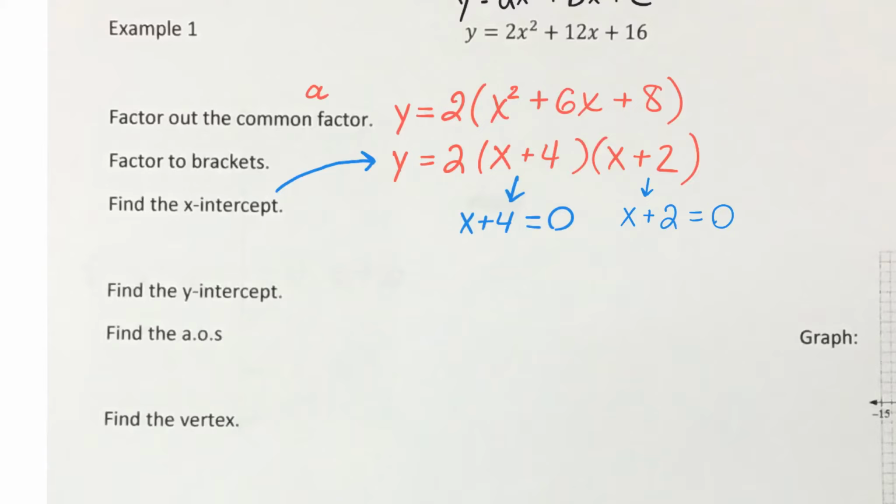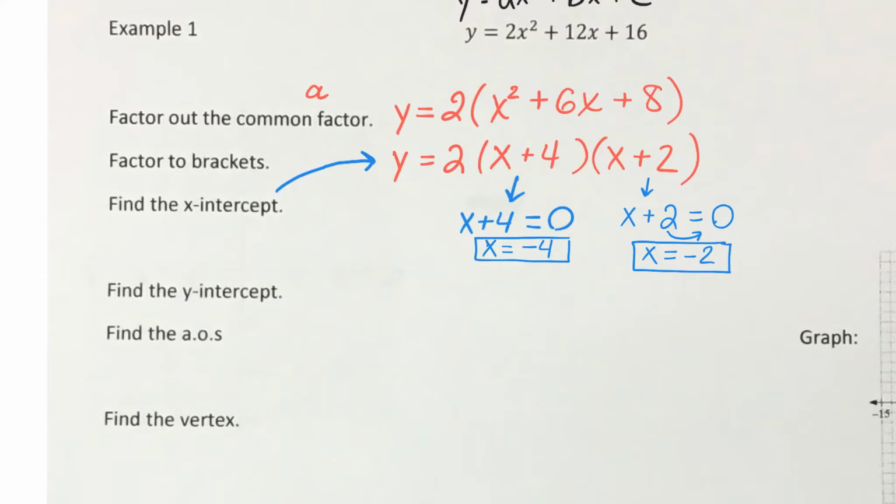Now you solve for x: move your 4 over, and you get x equals -4. Move the 2, and you get x equals -2. All right, x-intercepts, done.